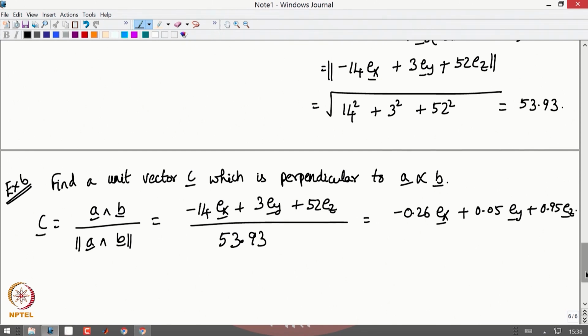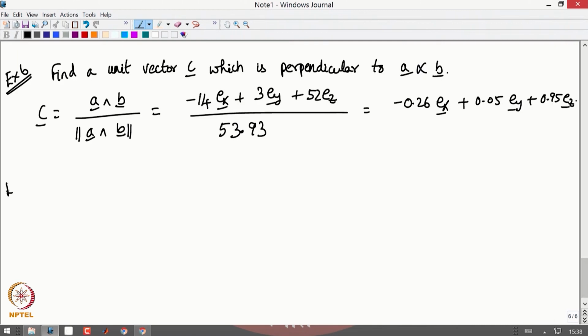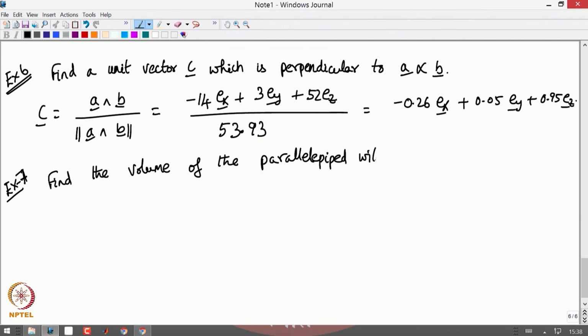Okay. Finally, in vector algebra, I want to find the volume of the parallelepiped with sides A, comma B, comma C, what we found here as C. So, I have A like this, B like this, say C is normal to this.